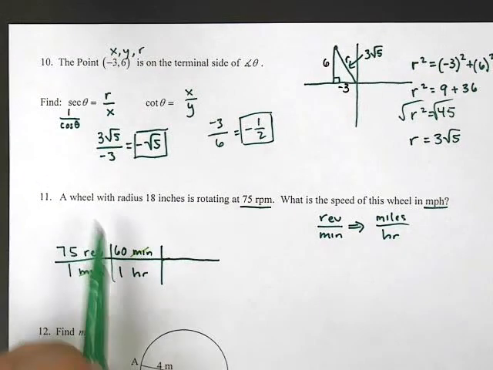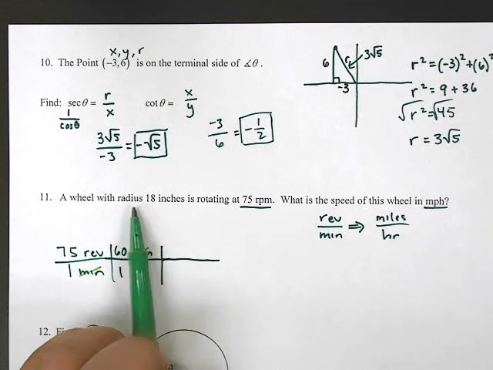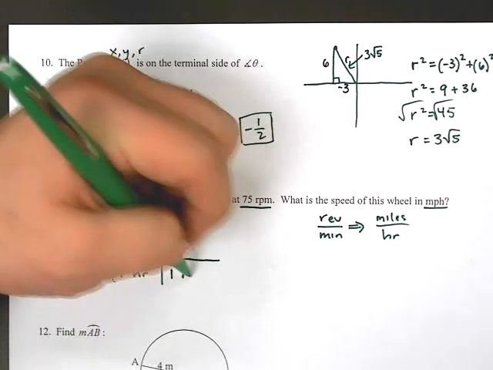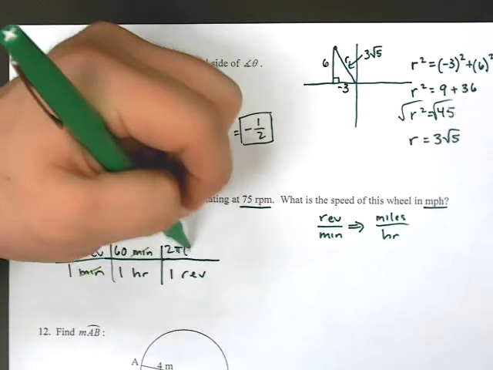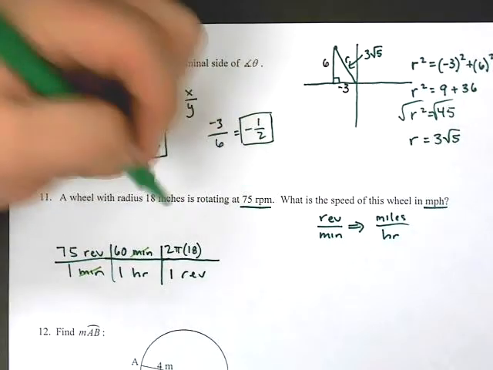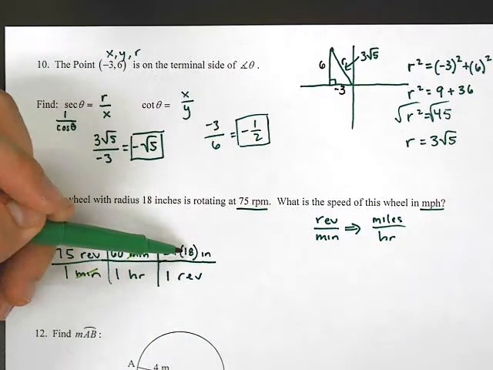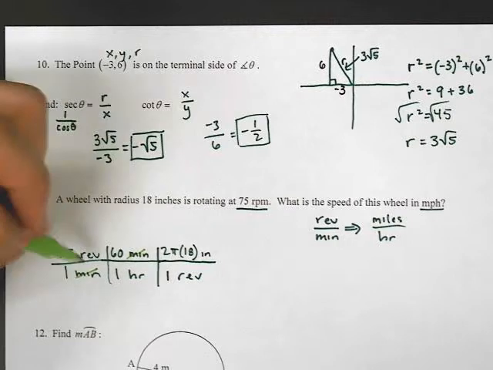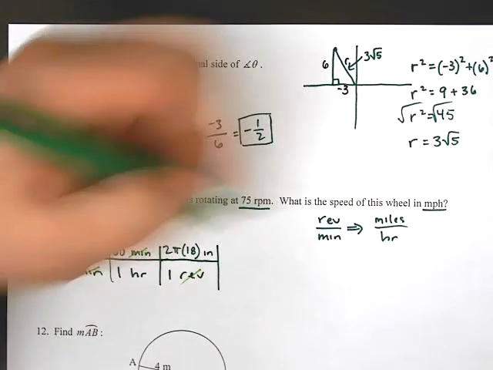And what we can do is say that if 18 inches is the radius, then in 1 revolution there are 2 pi times that radius inches. And that's just circumference, 2 pi r. Well, now we can cancel out revs. We got to keep going though.